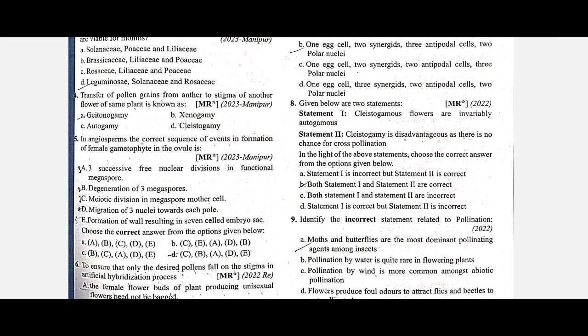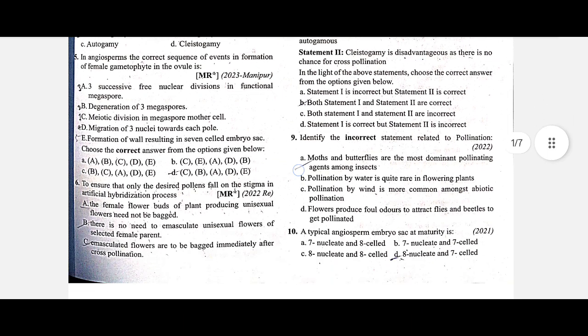The sequence is: first, meiotic division in the megaspore mother cell; second, degeneration of 3 megaspores; third, 3 successive free nuclear divisions in the functional megaspore; fourth, migration of 3 nuclei towards each pole; fifth, formation of wall resulting in 7-celled embryo sac.